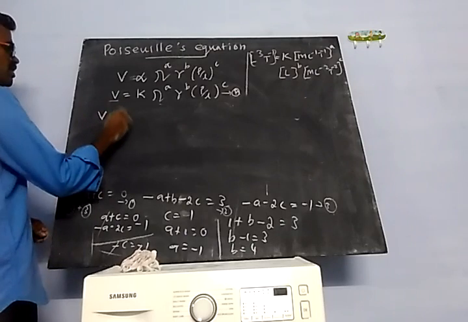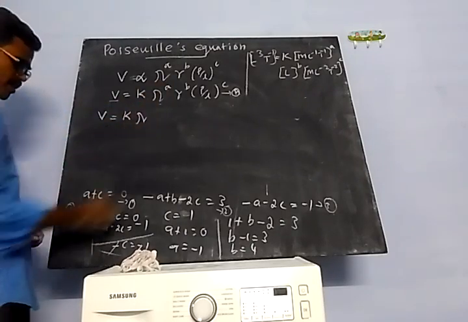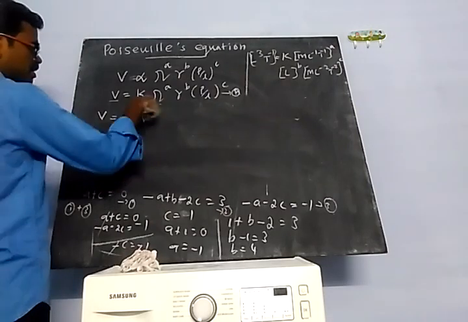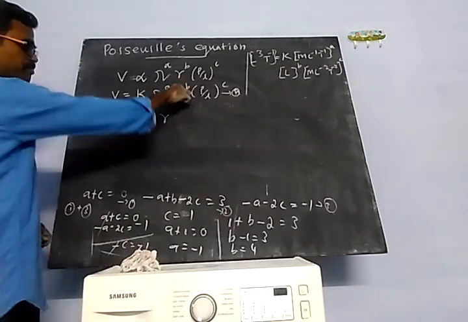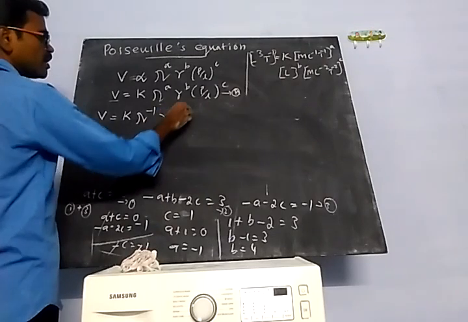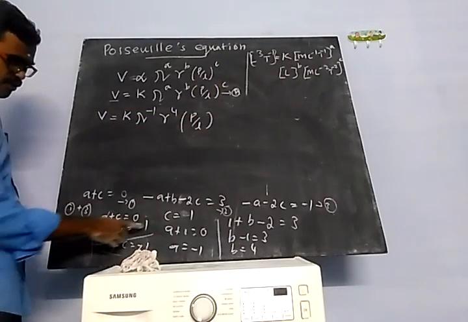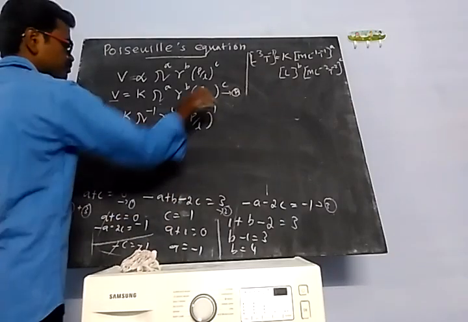So V is equal to K of eta power minus 1, R power 4, and P by L the whole power 1.